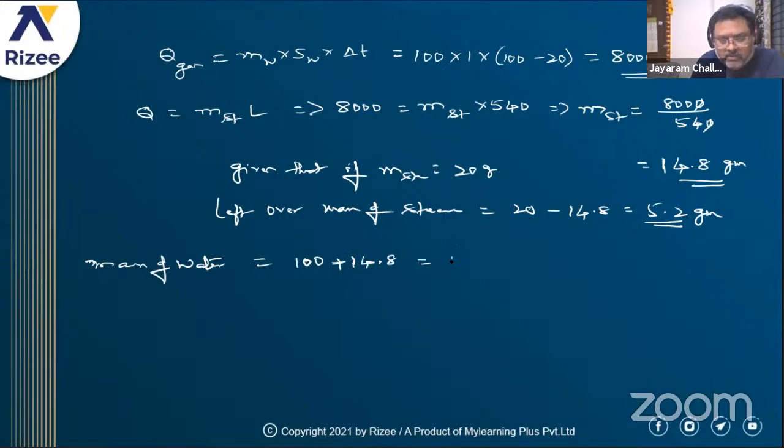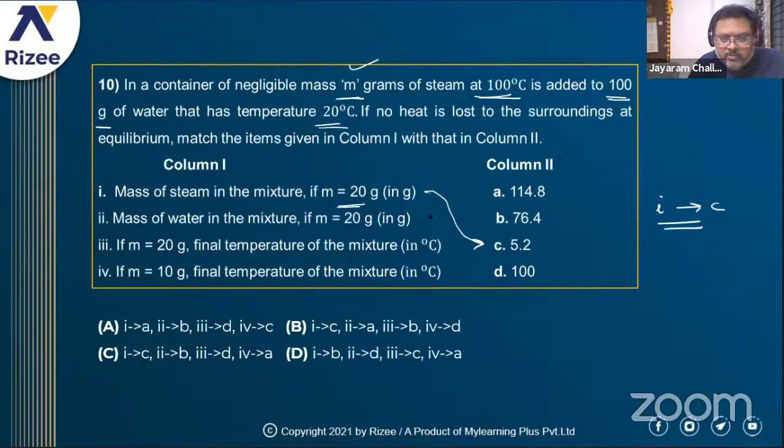So this should be equal to 114.8 grams. So the second one is related to the first, that is, 2 can be matched with A. So 1C2A, this is the only option. So let's conclude this one.